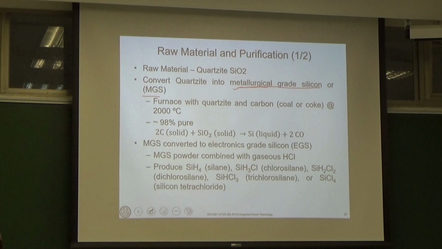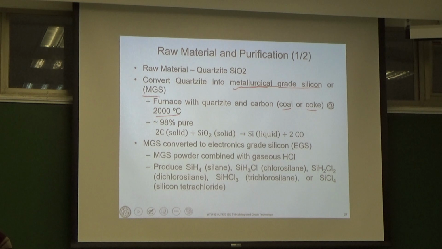So in the beginning, we will try to transform the quartz SiO2 into silicon. We can mix this quartz with carbon, like coal, coke, and burn it in the furnace at very high temperatures.